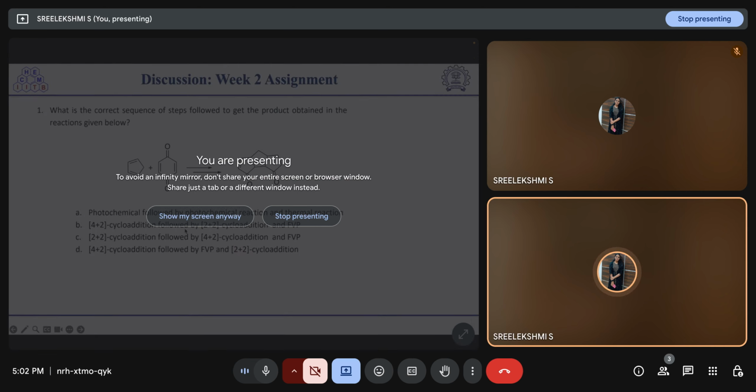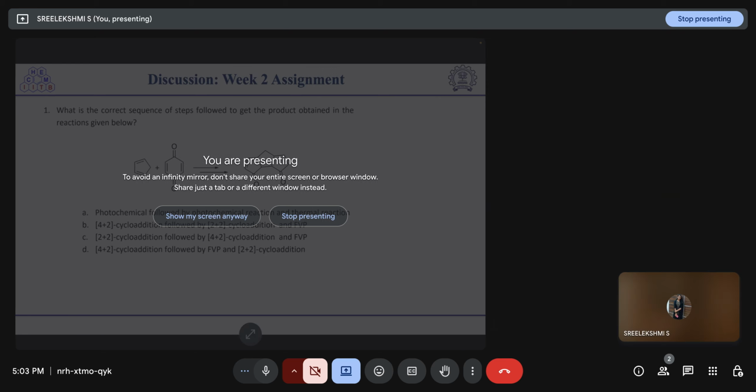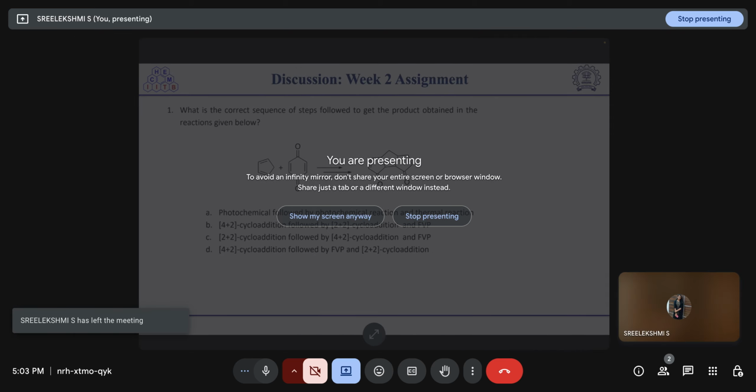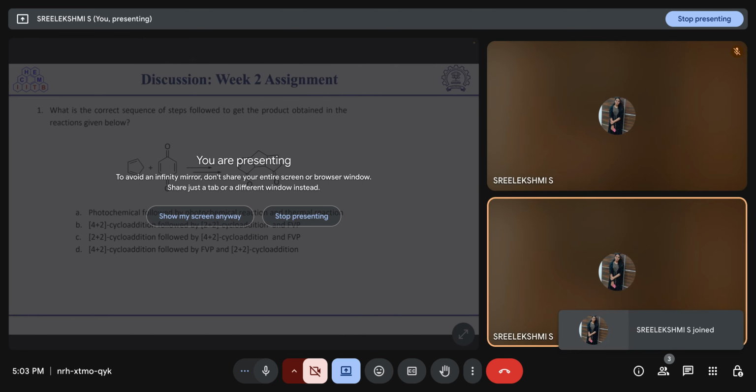So the first question of week 2 assignment was, what is the correct sequence of steps followed to get the product obtained in the reactions given below? The first option is photochemical followed by photochemical reaction and thermal reaction.